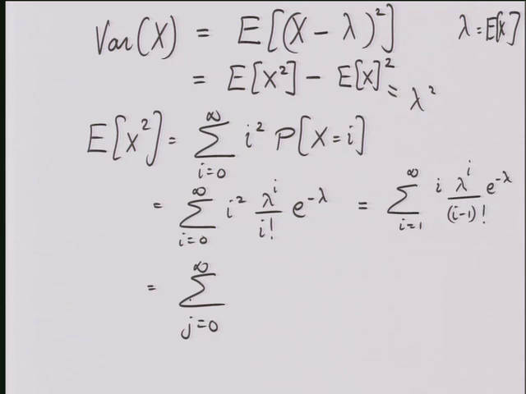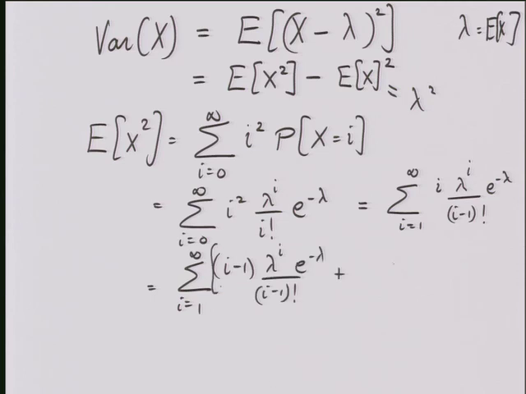Okay, I can't keep track of all this in one shot. So let's see. So this is summation i equal to 1 to infinity of i minus 1 times lambda to the i over i minus 1 factorial e to the minus lambda, plus lambda to the i e to the minus lambda over i minus 1 factorial. Now we let i minus 1 equal to j. So you get summation j equal to 0 to infinity, j, so we can cancel this.